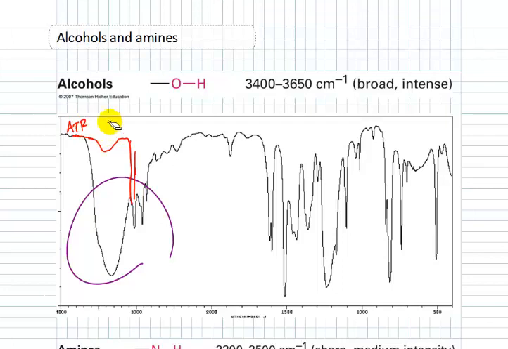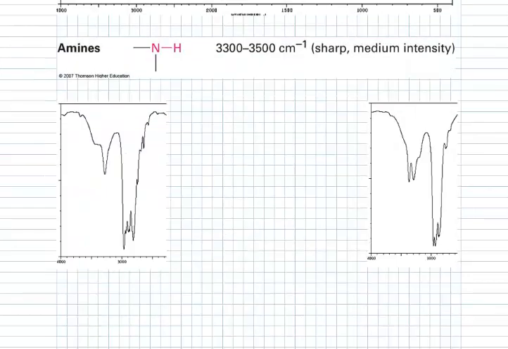Be aware that even a peak that's little like this can still refer to the OH stretching in an ATR instrument. That's just because the crystal that's used on the ATR is opaque to infrared in certain frequency ranges.